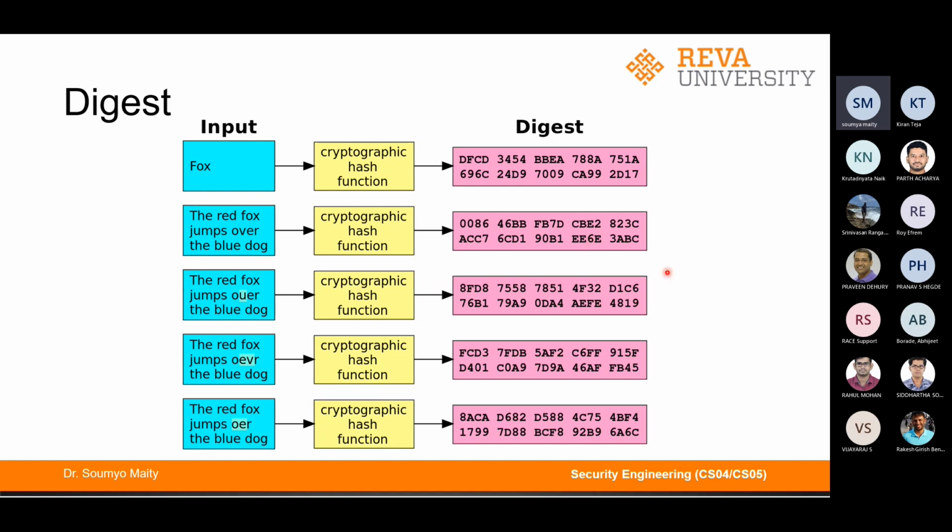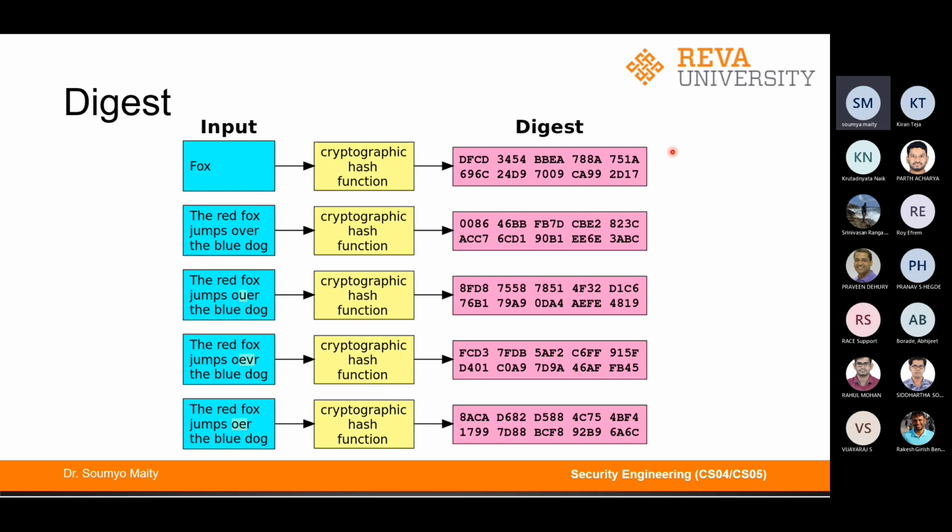He creates a very long table of almost all possible dictionary words, or even brute force, random numbers, random alphanumeric characters. They create the hashes and store them in a SQL database or any table, even an Excel file. I do not have any mathematical way to find the actual input from this digest.